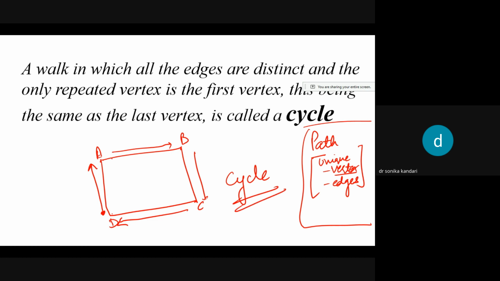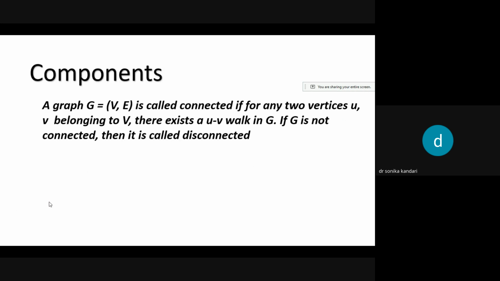This is a walk which is in the form of a cycle. It means the first vertex and the last vertex are the same. So this is our cycle. Is it clear?